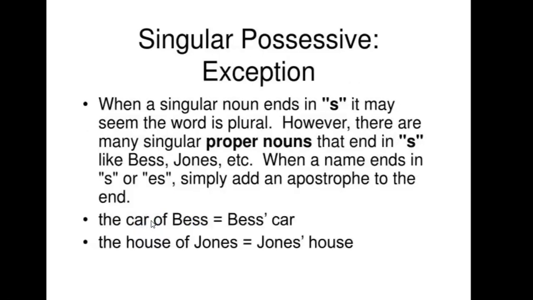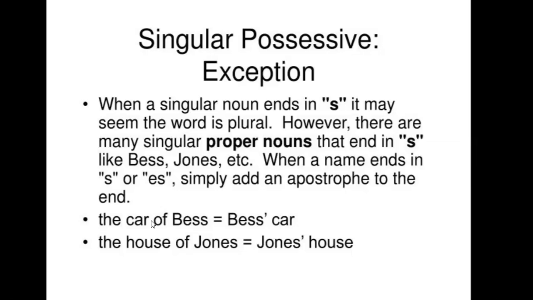Singular possessive exception. When a singular noun ends in s, it may seem the word is plural. However, there are many singular proper nouns that end in s, like Bess, Jones, and so on. When a name ends in s or es, simply add an apostrophe to the end. The car of Bess, Bess' car.